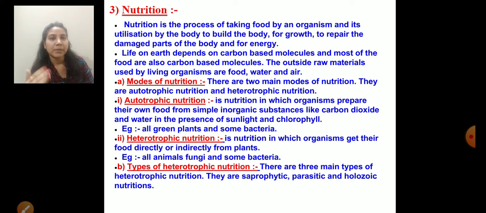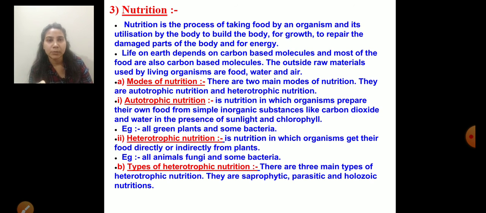First is nutrition. Nutrition is the process of taking food by an organism and its utilization by the body to build the body for growth, in order to repair the damaged part of the body and for energy.